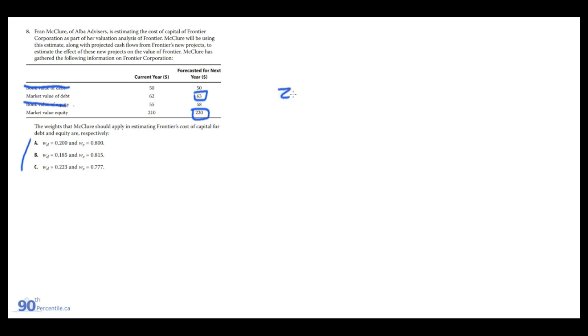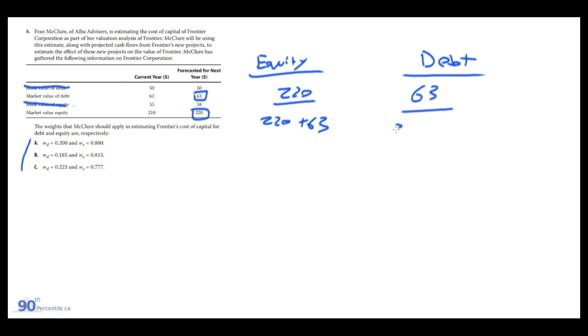So for equity, it's going to be 220 over 220 plus 63. We could also just take 100% minus this answer for debt, but we could run the calculation as well, and it'll all sum up to 100. So debt is 63 over the 220 plus 63.